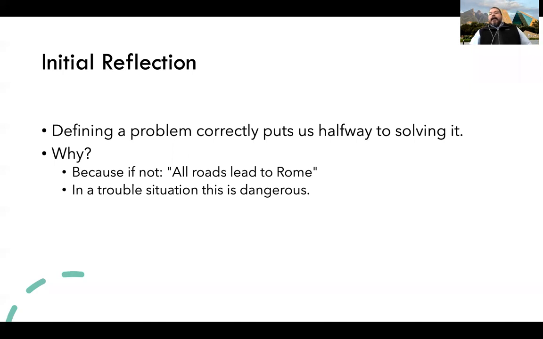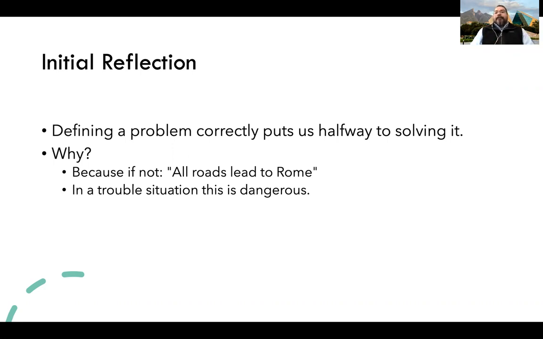But let's first begin with a reflection. Somebody once said that defining a problem correctly puts us halfway to solving it. We need, first of all, to have a specific definition of the problem that we have in front of us.